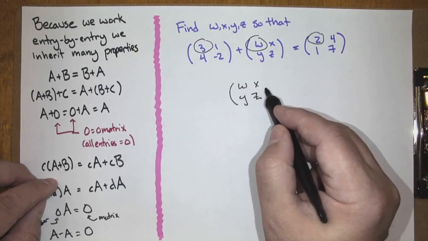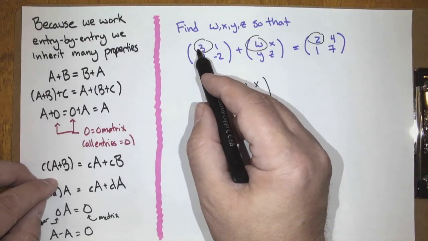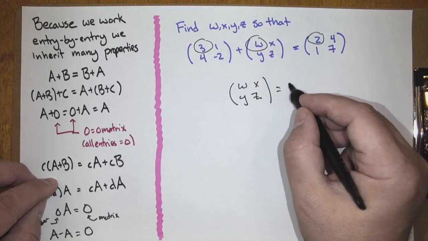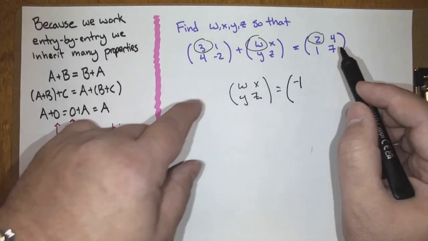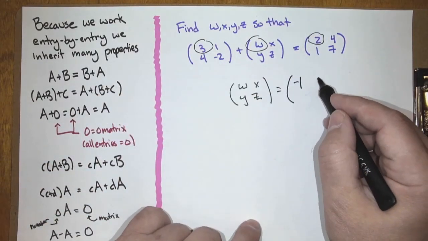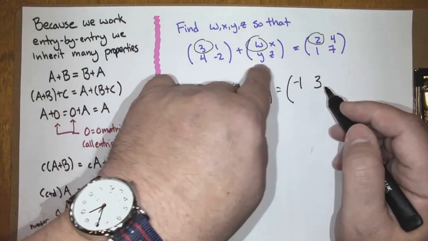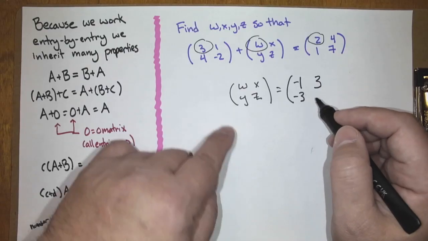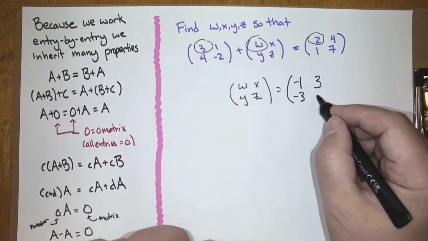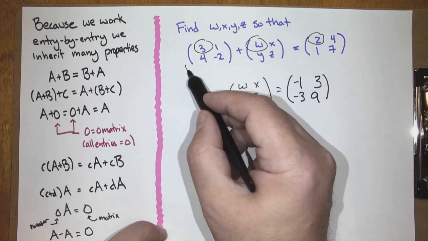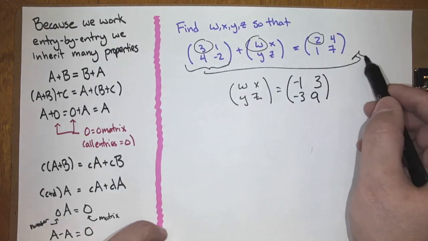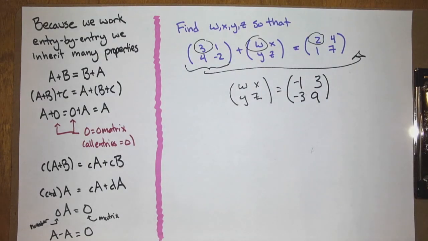When you add something, 3 plus something is 2, what's our something? Negative 1. And you just go through. 1 plus something is 4. 3. 4 plus something is 1. Negative 3. Negative 2 plus something is 7, sorry, is 9. And really what you can think of is, oh, just subtract that across. So, okay, good. This is easy, right? Entry by entry.